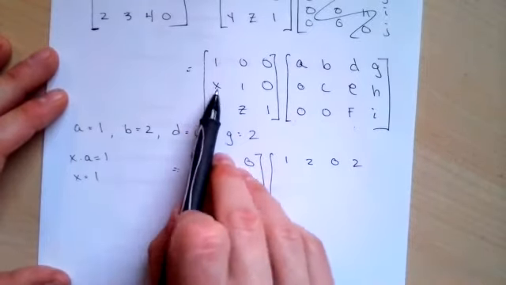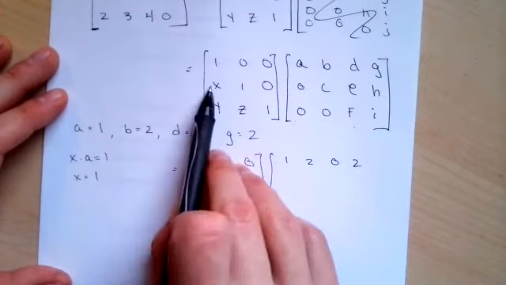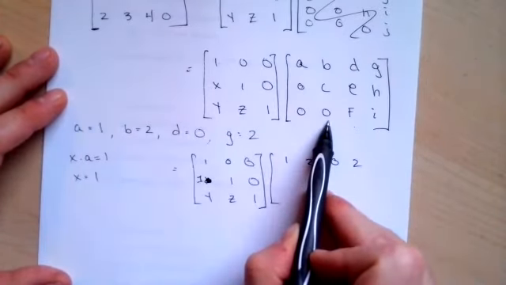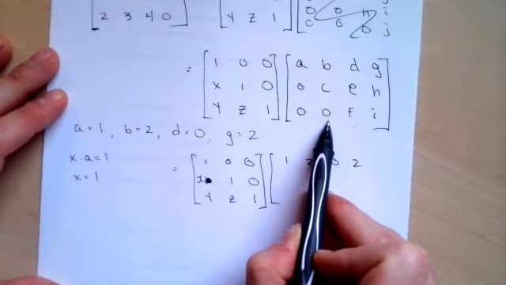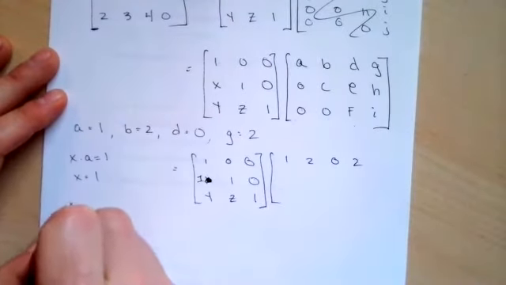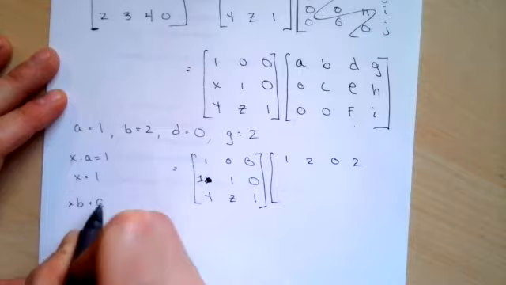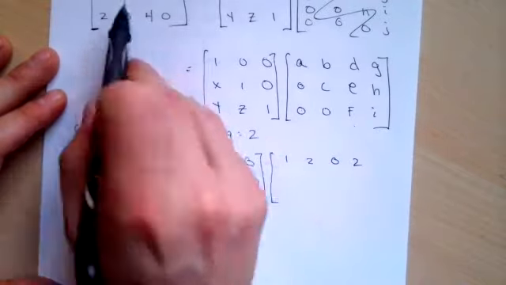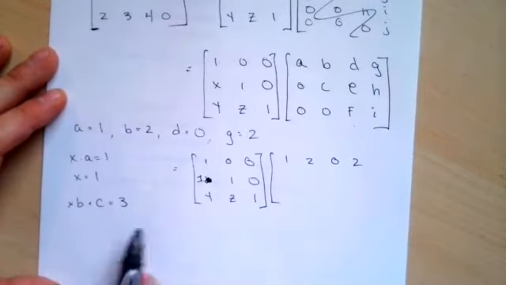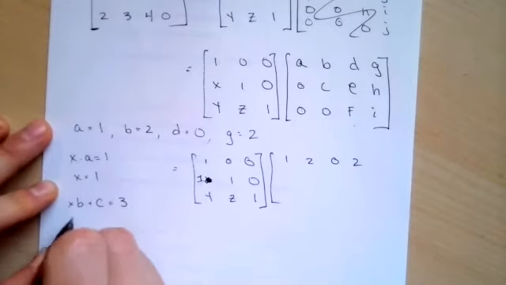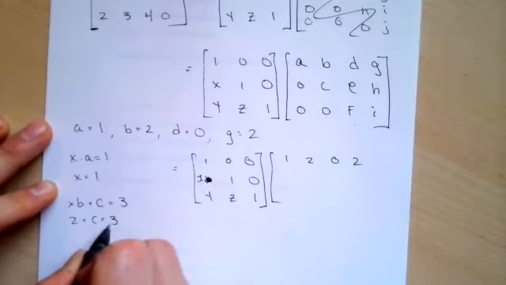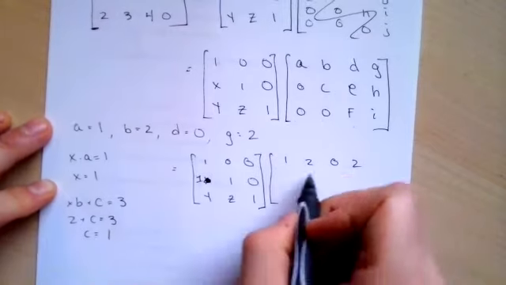So when we have the middle row times second column, it'll give us xb plus c is equal to 3. But we know x and we know b, so c is 1.